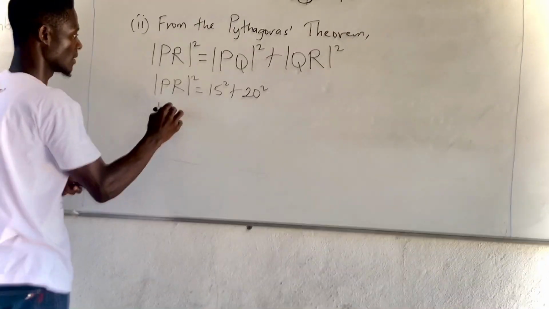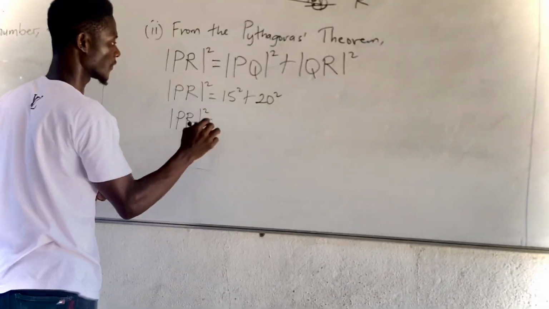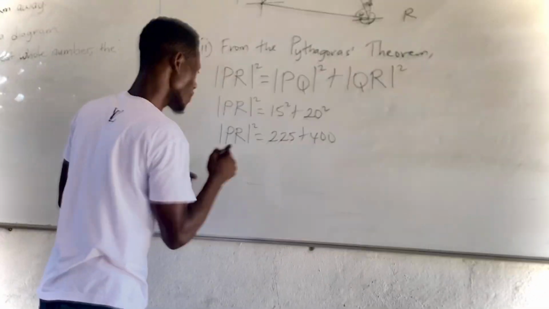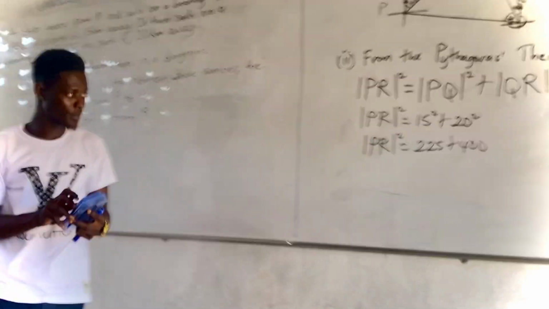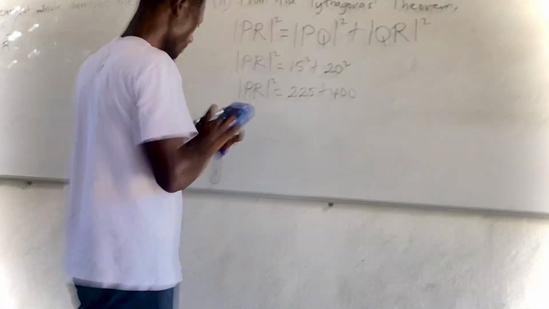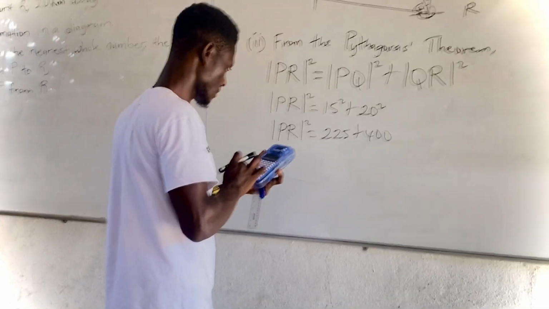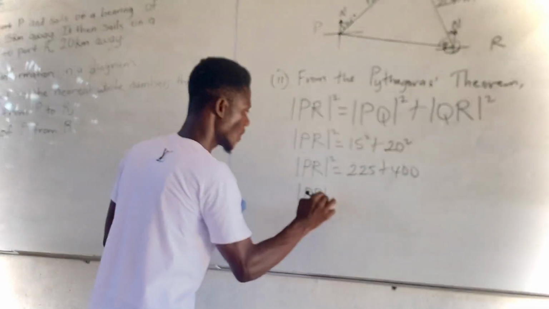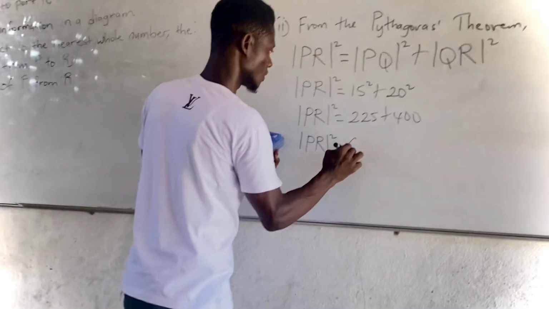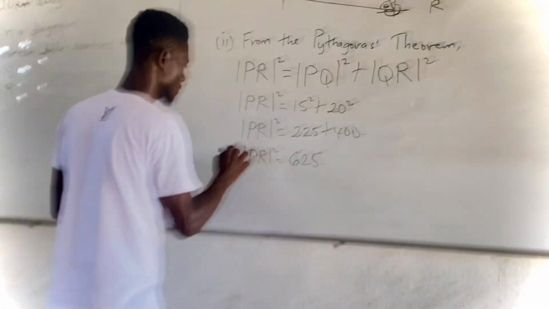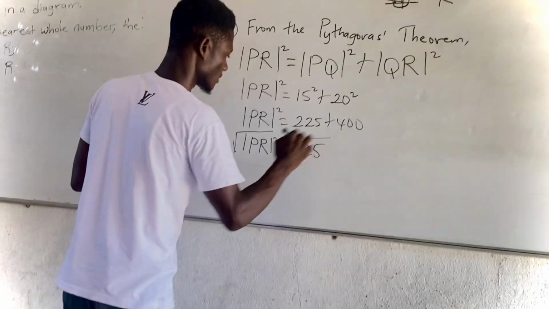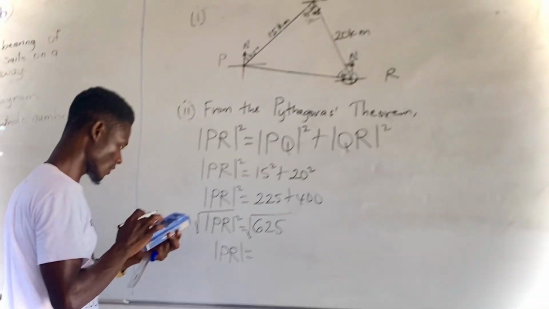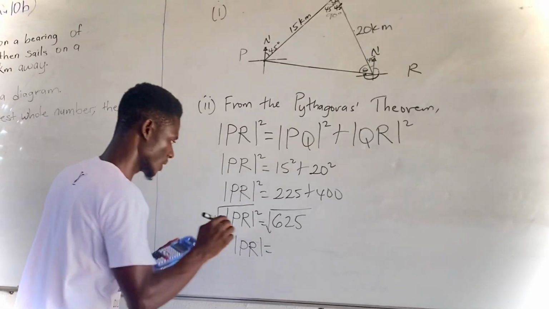So we'll have PR square. 15 square is 225. 20 square is 400. So let's make use of the calculator to be exact. 225 plus 400. So PR square will be equal to 625. Take the square root on both sides in order to get the length PR. So the square root of 625 is 25.